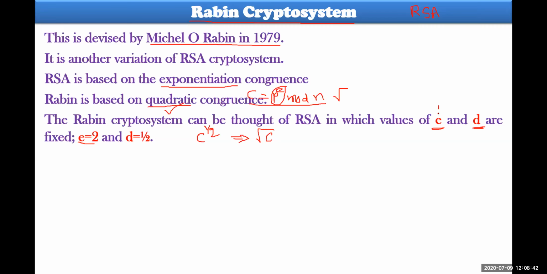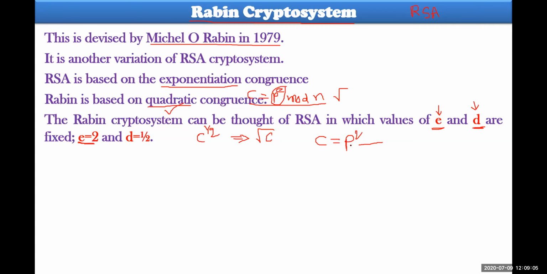In RSA, this is used to create encryption, and this is used to get the data back in decryption. Here in encryption, ciphertext will be equal to plaintext squared, with some modulus, which we will discuss later.